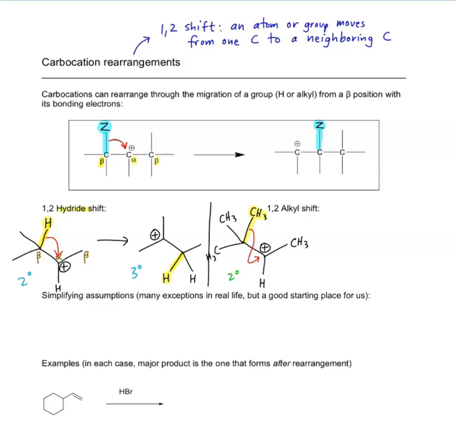So we start an arrow at the bond, point to the carbon with a positive charge. What gets left behind is a positively charged carbon. And here's the new position of the group. Notice that what we got to here is the tertiary carbocation.